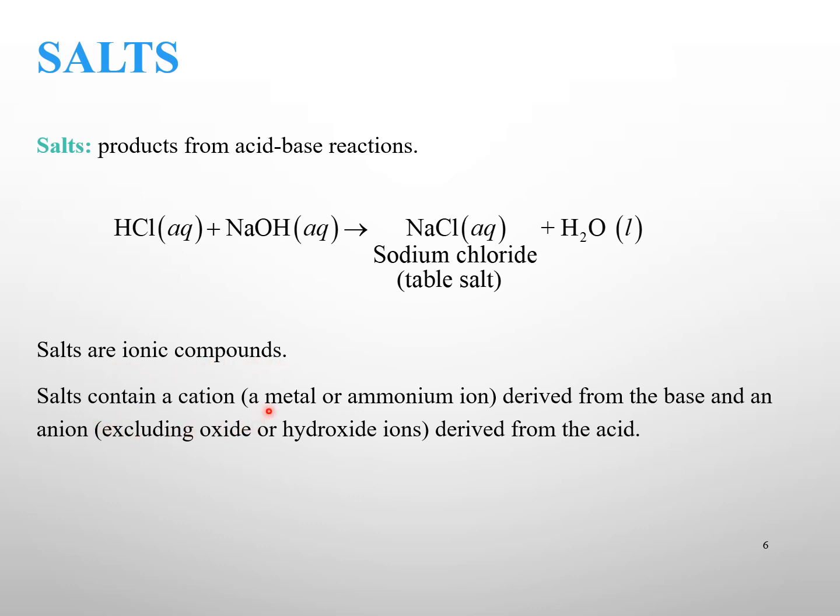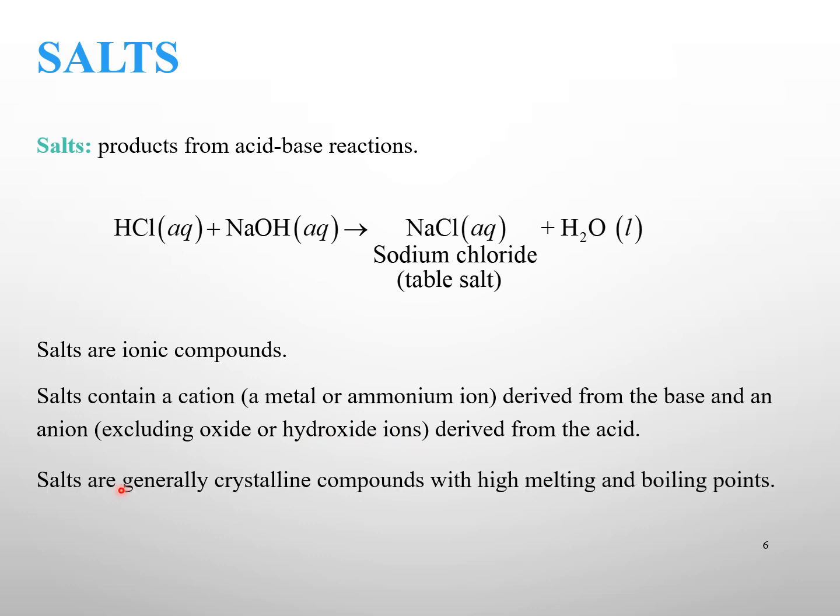They contain a cation, a metal cation or an ammonium ion derived from the base, and an anion derived from the acid. So you have the cation from the base and the anion from the acid. And all together, you make a salt, which is an ionic compound. In general, salts are crystalline compounds with high melting and boiling points.